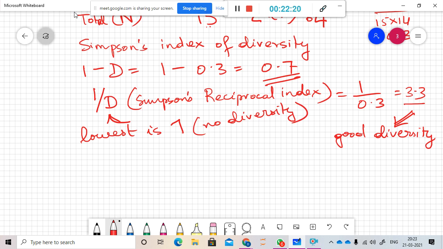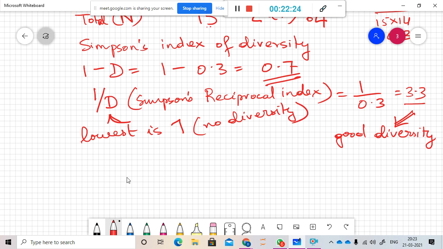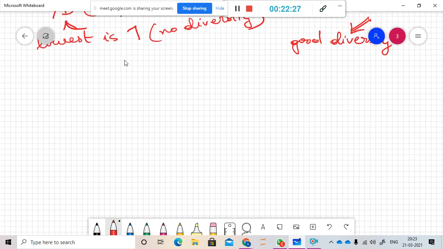Now we go to the information statistic indices.